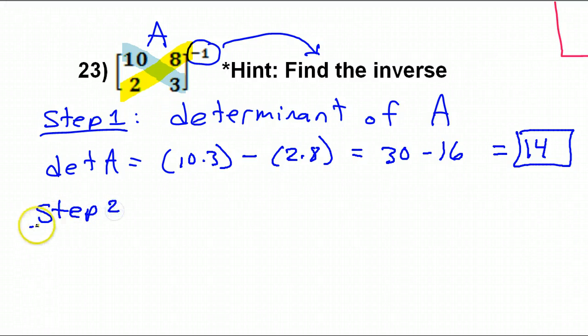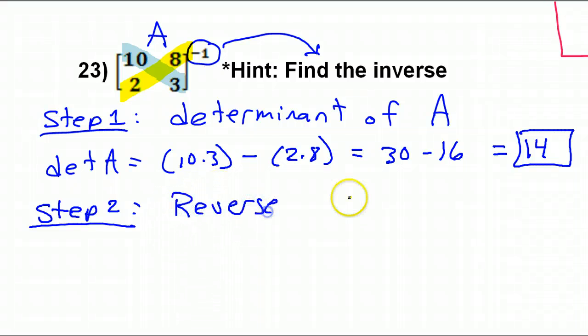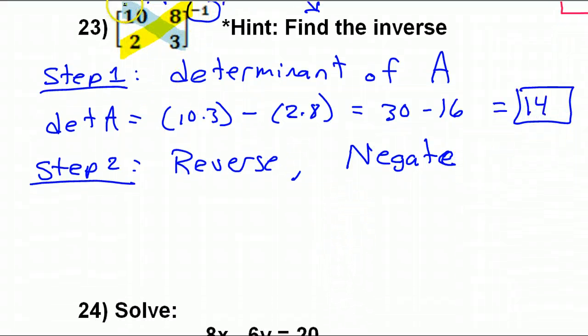Now, step 2 is where we reverse negate. When I say reverse negate, again, I'm referring to the down diagonal and the up diagonal. We're going to reverse the down diagonal and negate the up diagonal.